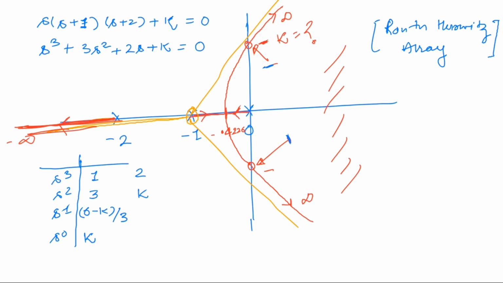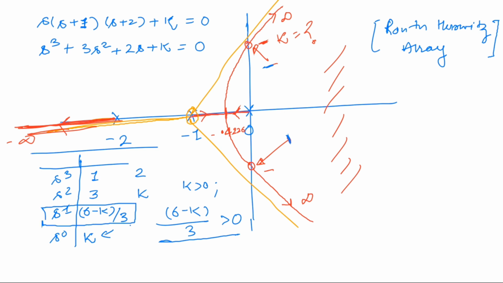As we know, for all the roots of the characteristic equation to lie to the left of the imaginary axis, the following conditions should be met. From this Routh array, one condition is that k should be greater than 0, and the other condition is that (6 minus k) divided by 3 should be greater than 0. The critical value of k, which corresponds to the location of roots on the imaginary axis, is 6, because this value of k makes the entire row 0.